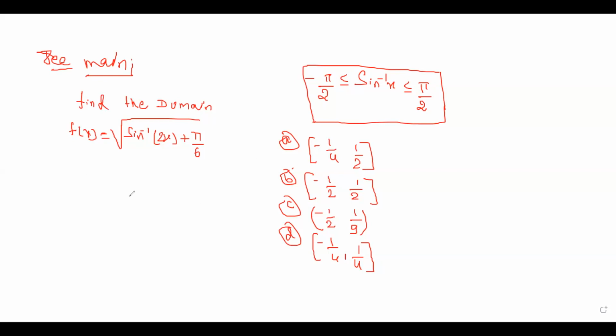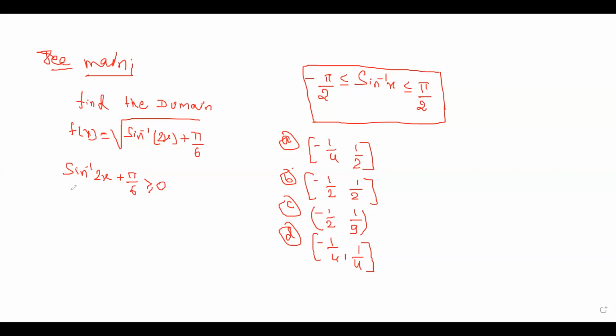Okay. From the square root principle, you will write sine inverse 2x plus pi by 6 will be greater than or equal to 0. Rishita, any problem? Sufyan, any problem? No, sir. Okay.